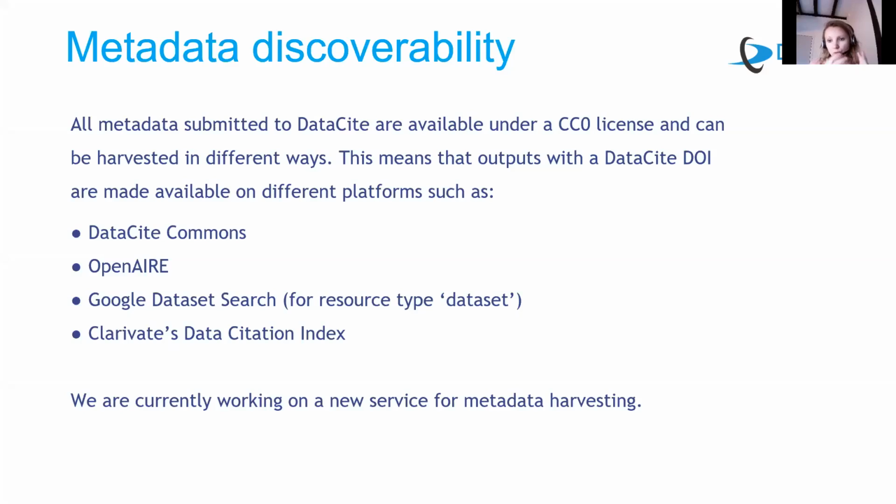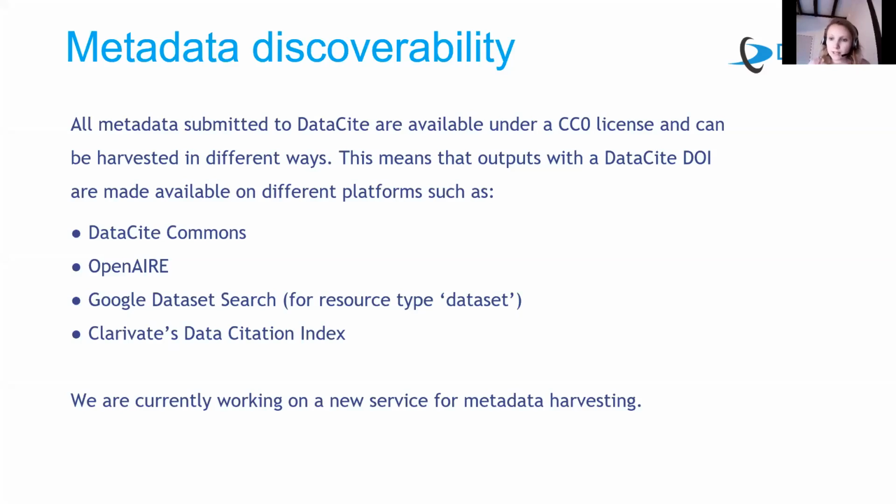Something I haven't talked about that much, which I think is very important, also very clear in the FAIR principles, is that a PID is one thing, but the really important part is the accompanying metadata. And so when an organization registers a DOI, they also have to register a set of metadata for that research output.